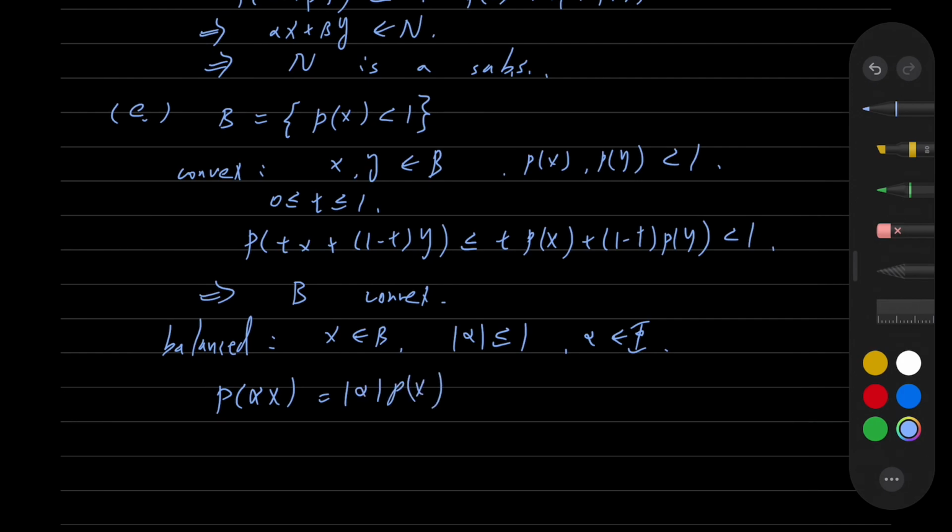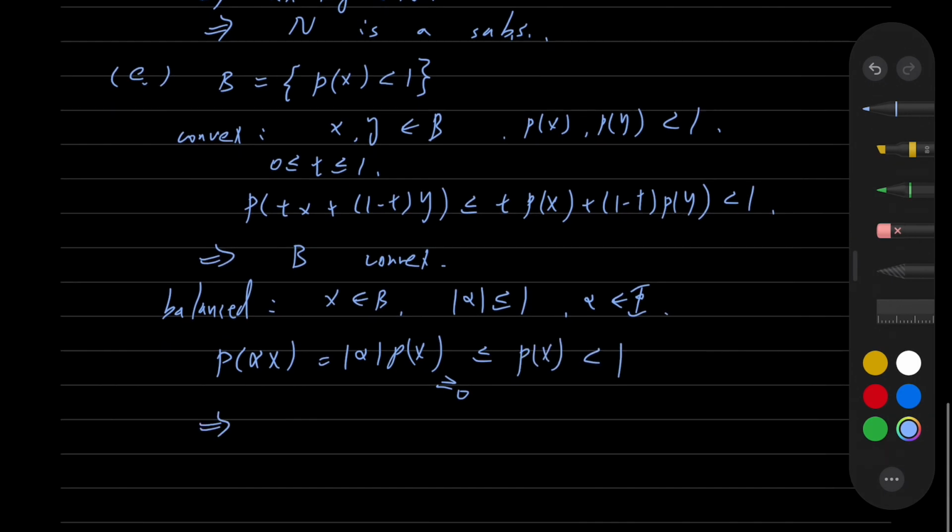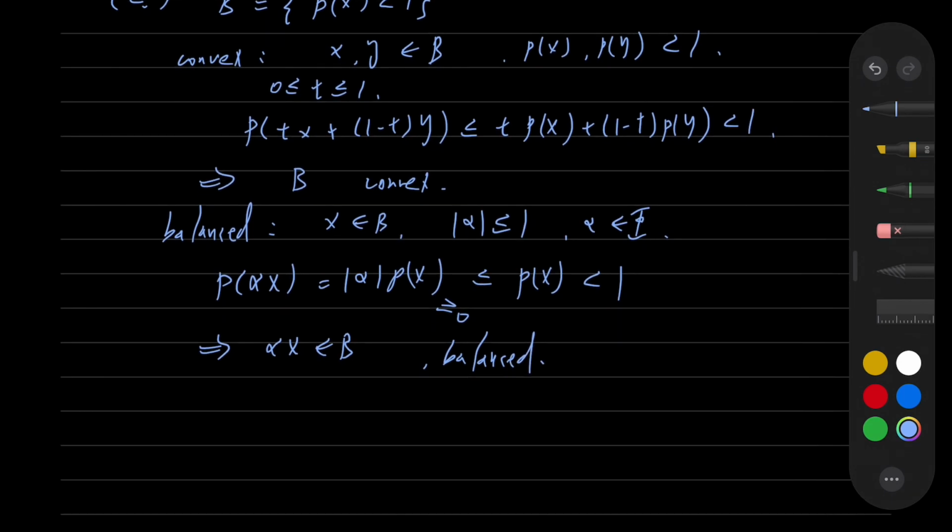Because it is non-negative, this is smaller or equal to P of x, which is smaller than 1. So alpha x is inside B. So B is balanced. Finally, it is absorbing.